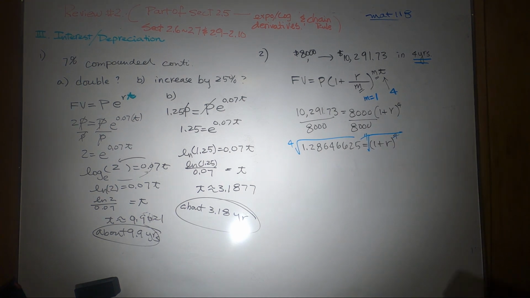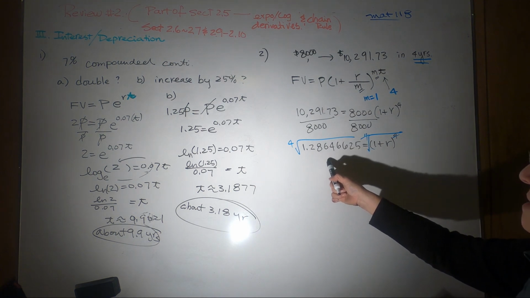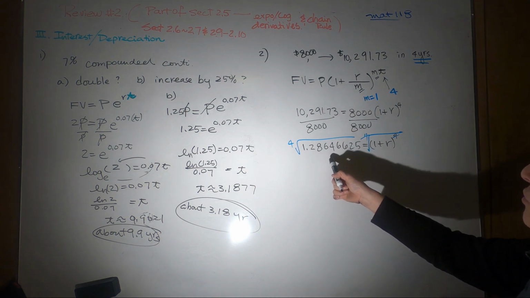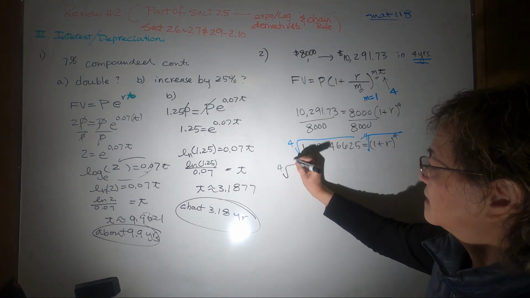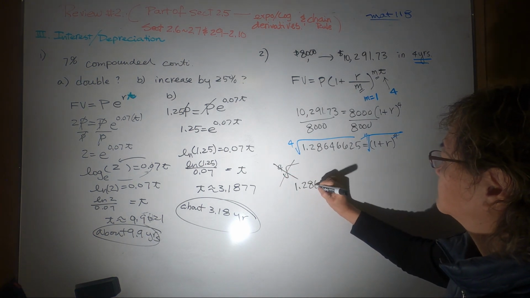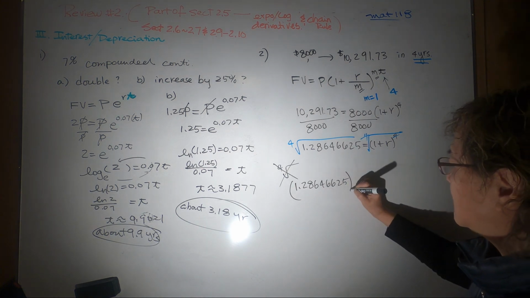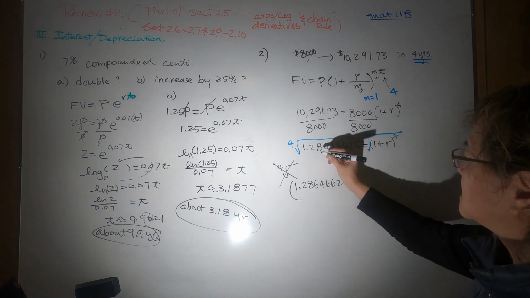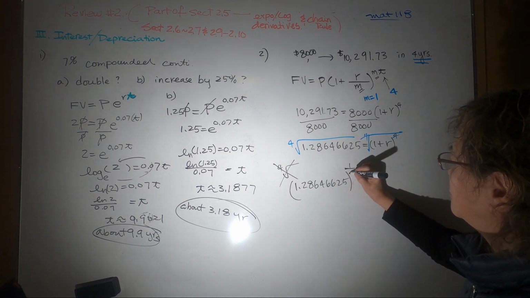Then you will use your calculator to do the 4th roots. How do you do the 4th roots on your calculator? You don't have that button, right? So you will do this. Do the power, because this one you can write as what? Quarter power.